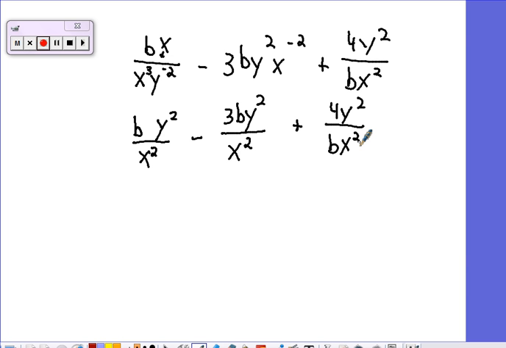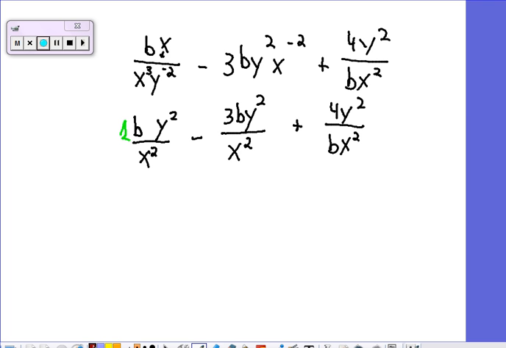So what can I solve on this problem? The first two. Okay, the first two are like terms. How are they like terms? Because they're the exact same. They are the exact same. All right, so even though we don't write it, even though we don't show it, this is a 1, right? Even though we don't normally put it there.